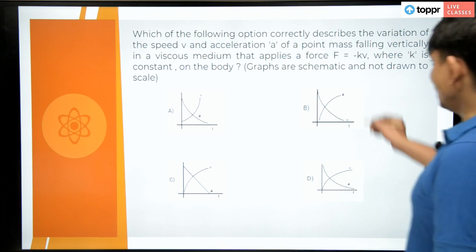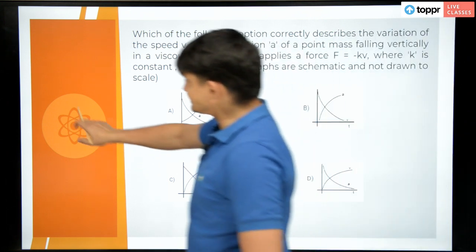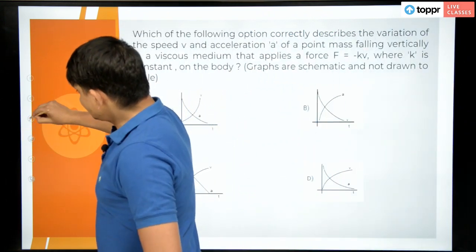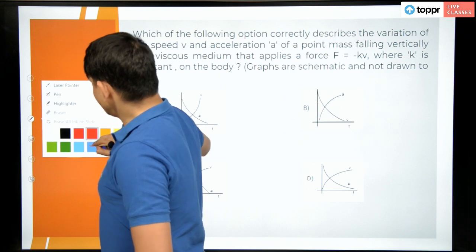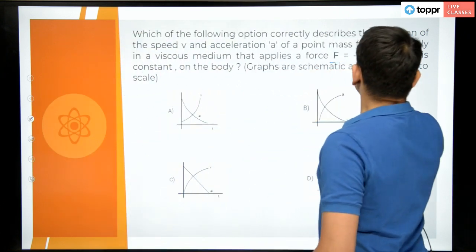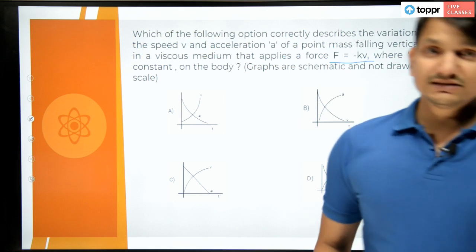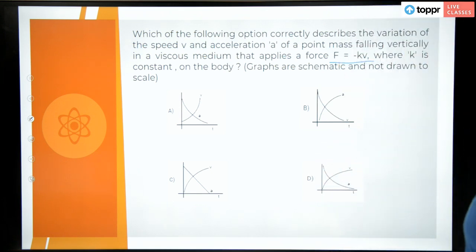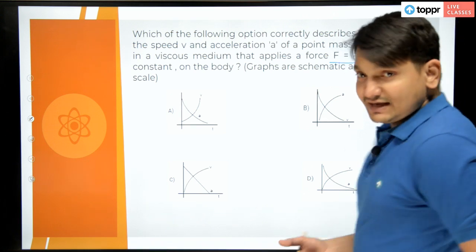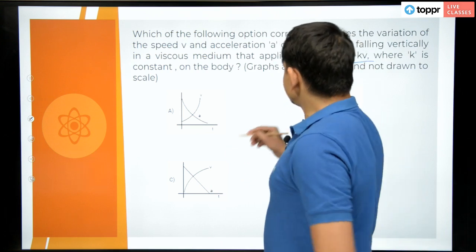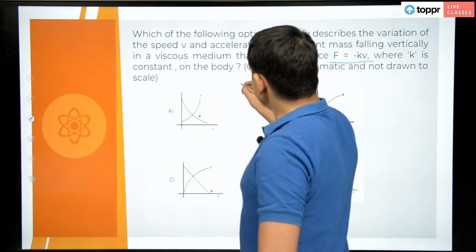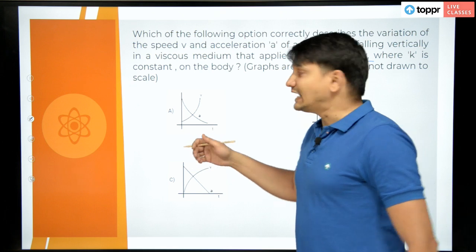So, obviously this force minus kV is the air resistance, where k is a constant, on the body. One way is approaching directly using equations, like the net force acting on that body.